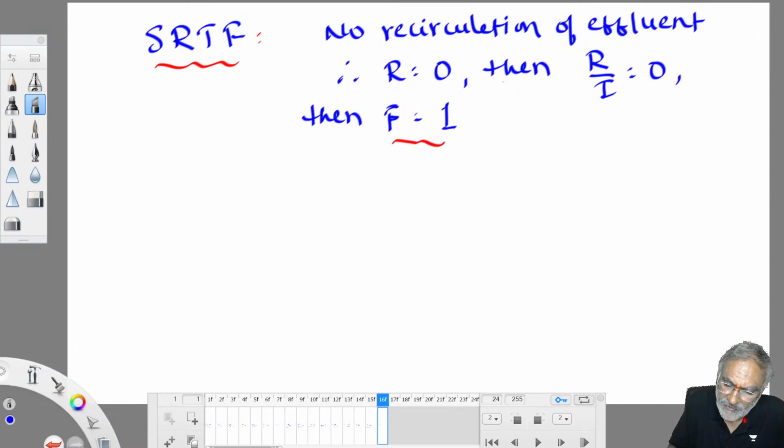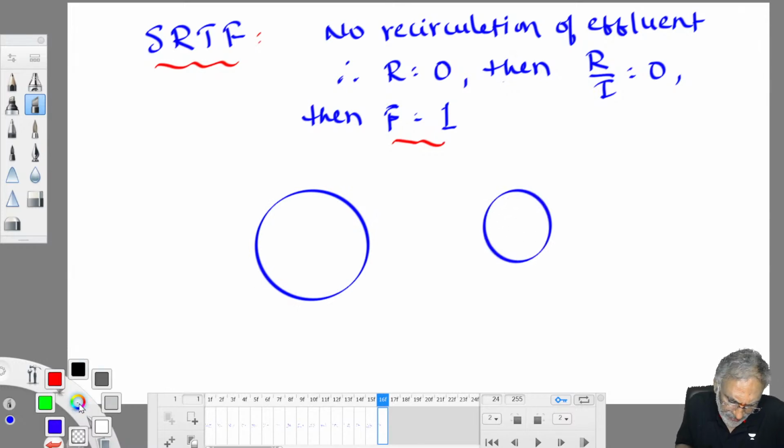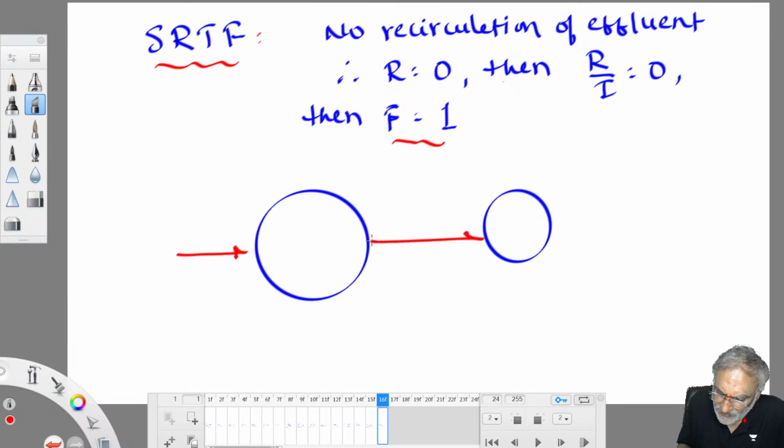So the standard rate trickling filter, if you see, it is something like this. There is no recirculation of effluent. We just use a trickling filter followed by a secondary clarifier. That's it. This is the trickling filter, the secondary clarifier.